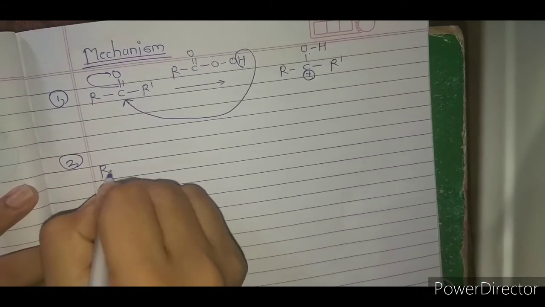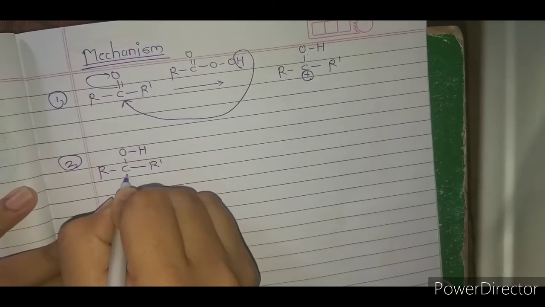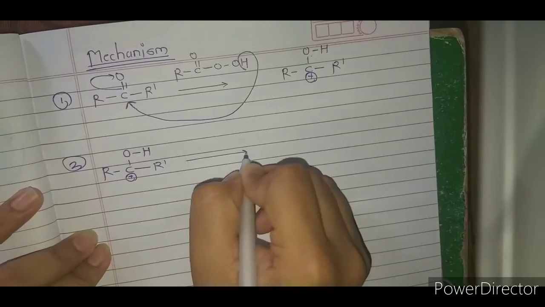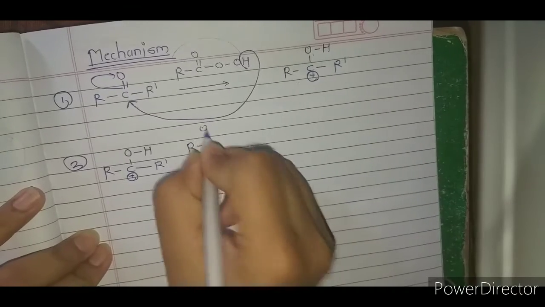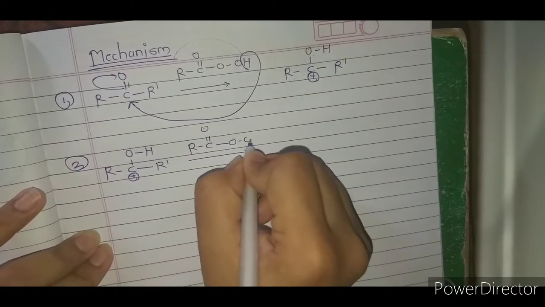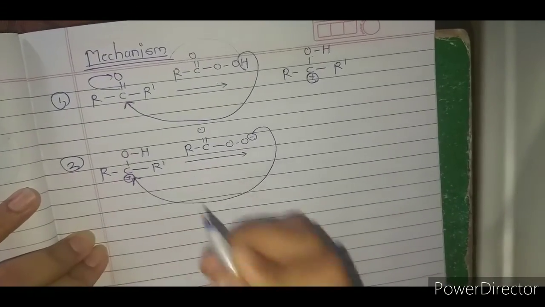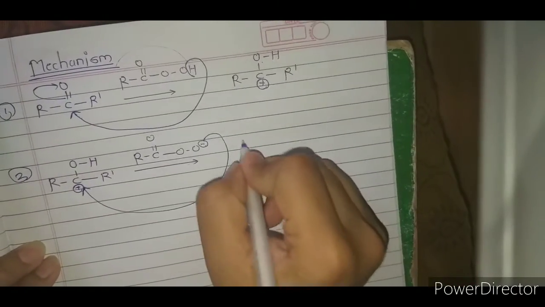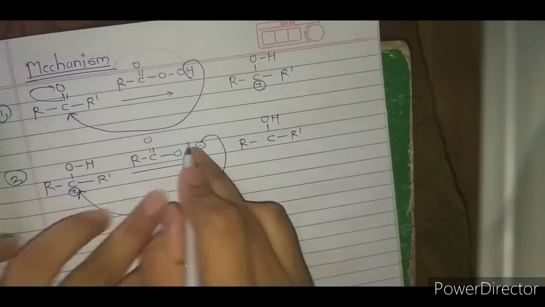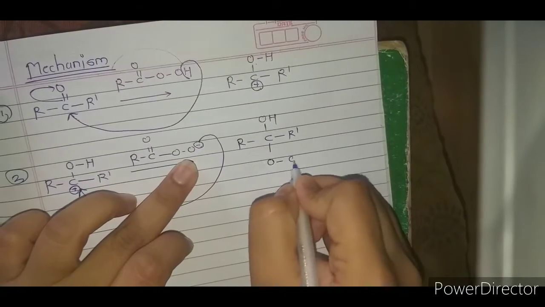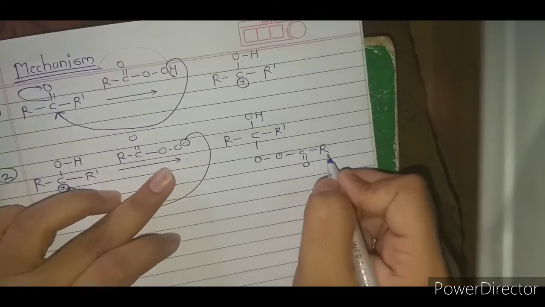It forms protonated ketone. In next step, what happens? In this protonated ketone, the per acid attacks on this protonated ketone and forms this intermediate. Okay, so this oxygen, this acyl group is attached here.